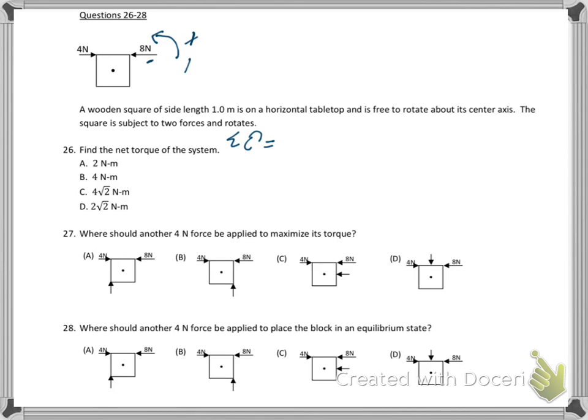We'll call that force A. And this one is attempting to move it in a clockwise direction, which is a negative direction, and we're going to call that force B.